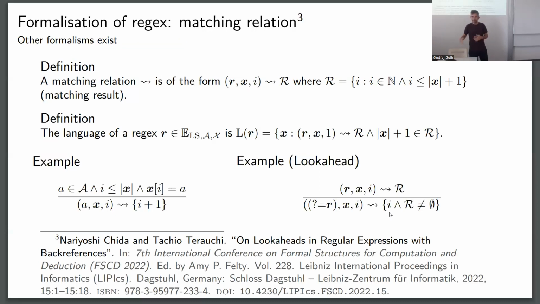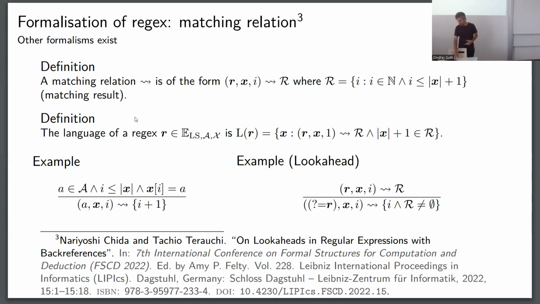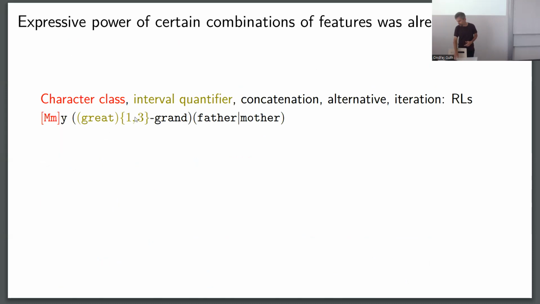Well, matching relation already existed for 1 year, and it was defined for some of the features used in real world implementations. So there's task to extend it to some other features. For example, subroutine call. I just need to remind you what it is.